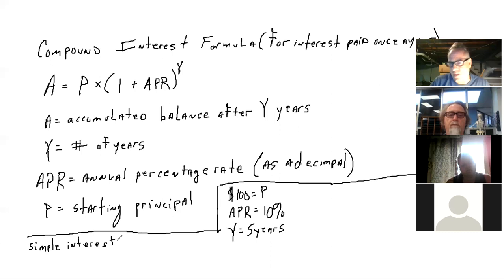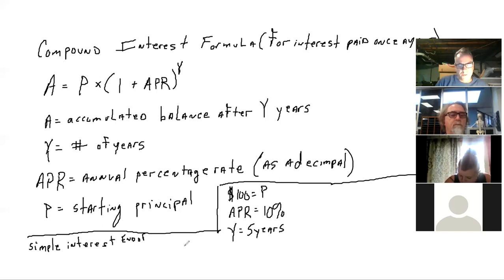So that would be 100 times 0.1, which is $10. And so over a 5-year period, I would just keep adding $10, which means after the end of year one, I would have $110.